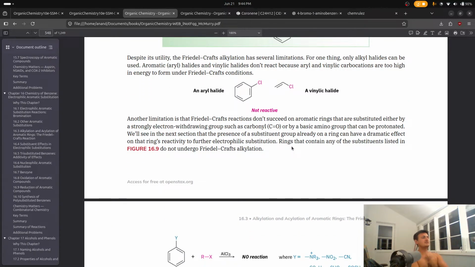Another limitation is that Friedel-Crafts reactions don't succeed on aromatic rings that are substituted either by a strongly electron-withdrawing group, such as a carbonyl, or by a basic amino group that can be protonated.